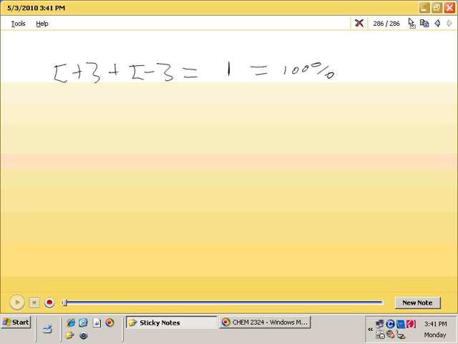I don't want to deal with the units of the concentration, so I'm just going to make this all a relative concentration, where the sum is equal to 1.